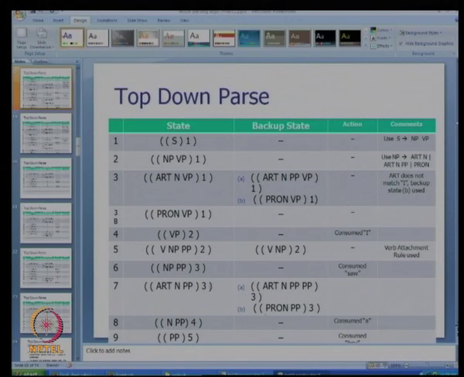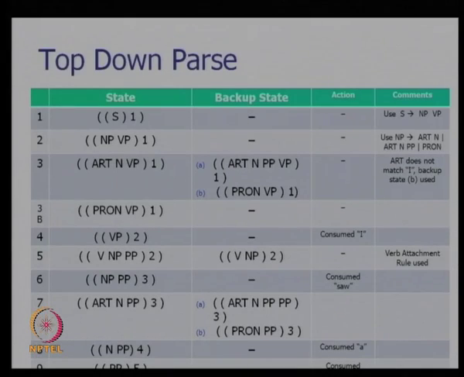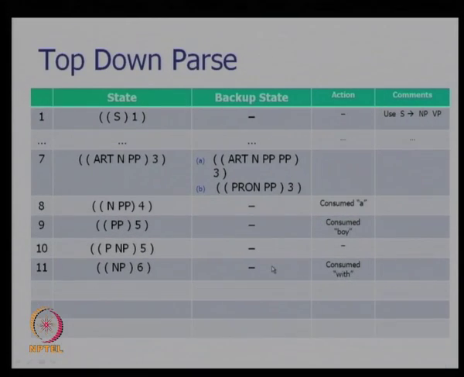We can see here step 5 says verb attachment rule is used, and we have followed this path completely to get the parse tree finally. Now, this is the example where one of the parse trees has been produced.